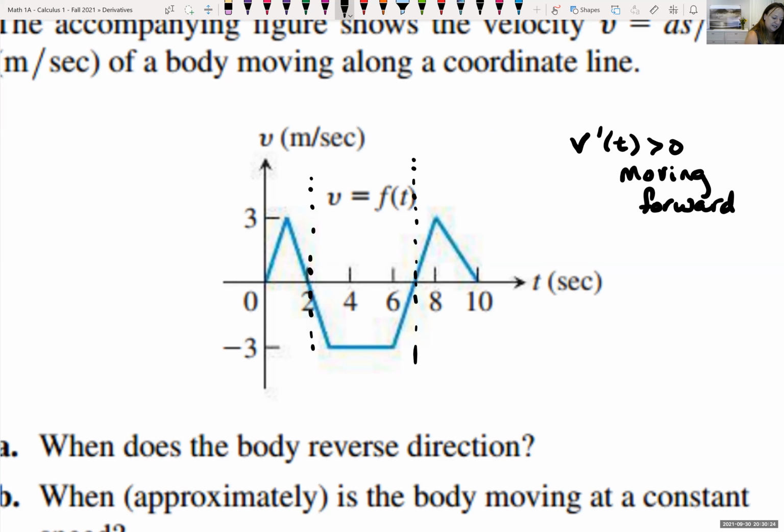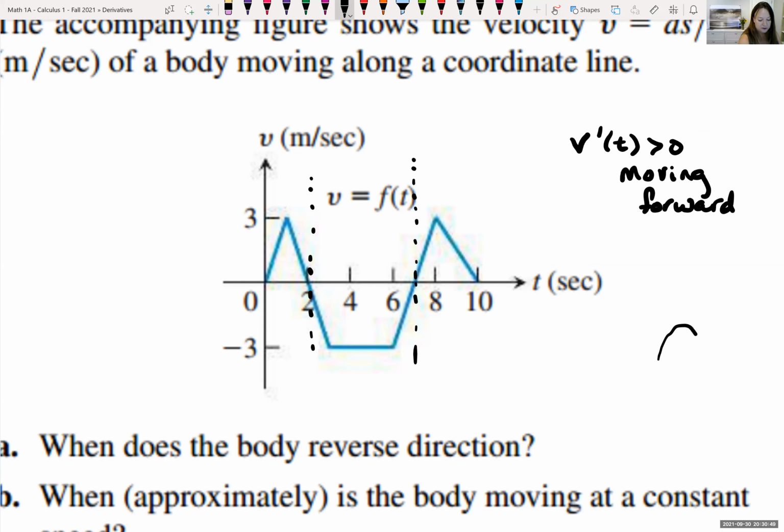Notice that when it's equal to 0, sorry, a max or a min. We're talking about, if we look at the original function, this is again talking about our derivative.